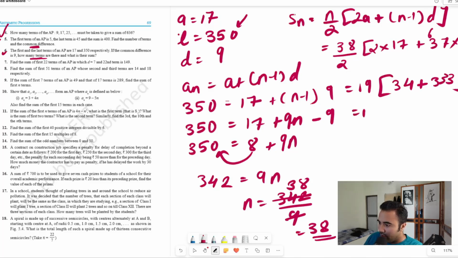So 19 multiplied by 367. Now we must multiply as well.